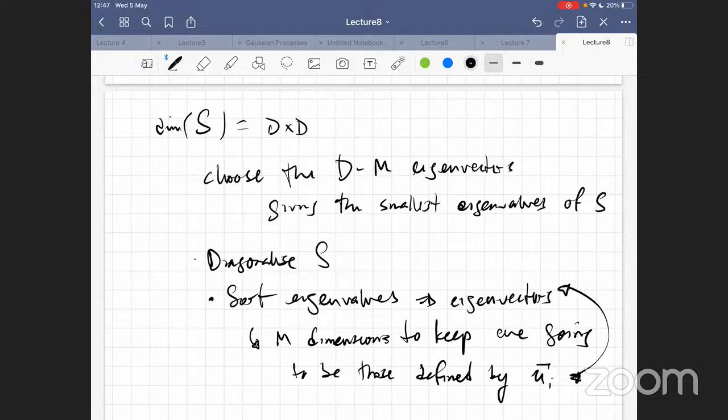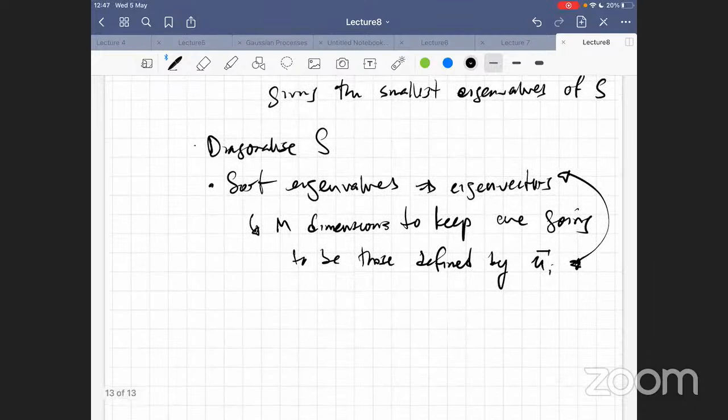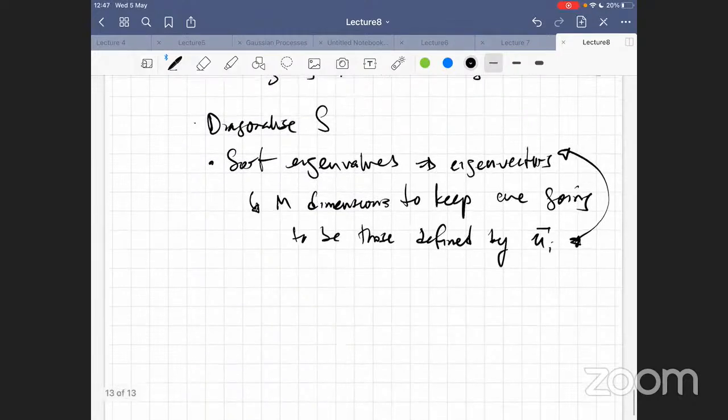Okay, so this is the generic procedure. Any question? Okay, so then the idea is just that.